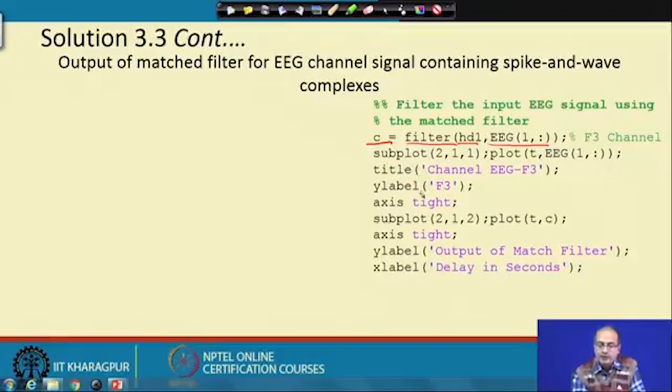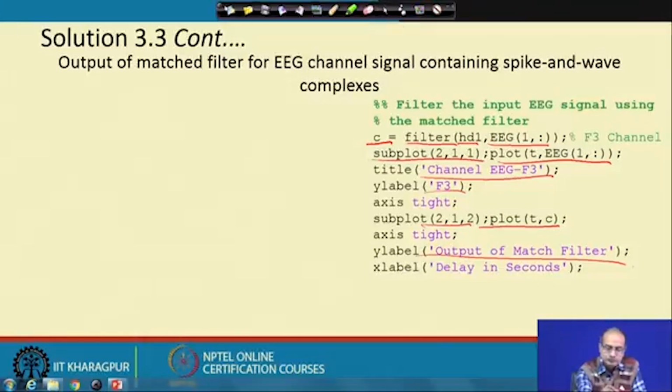If we do not give that command, it will overwrite the previous plot. We divide the plot into two parts, subplot 1 with the EEG signal first, write the title and labels, and the match filter output is given in the lower half with an appropriate label.